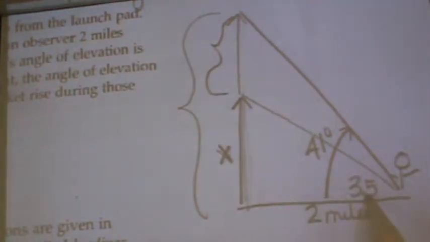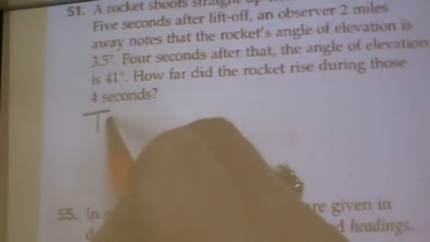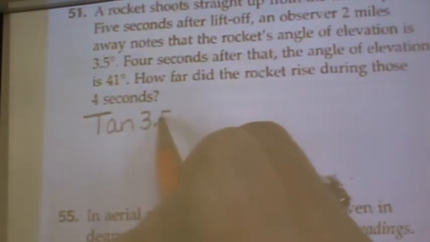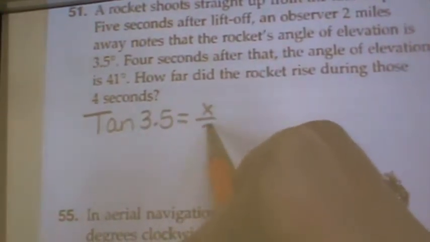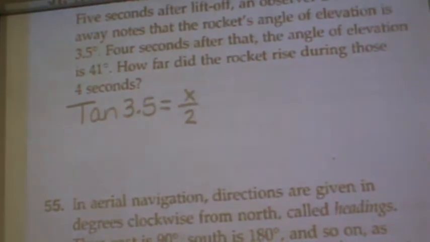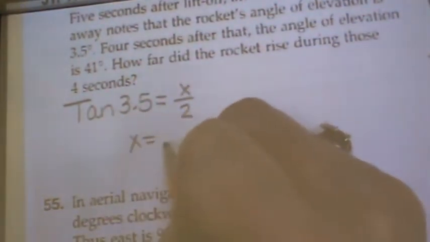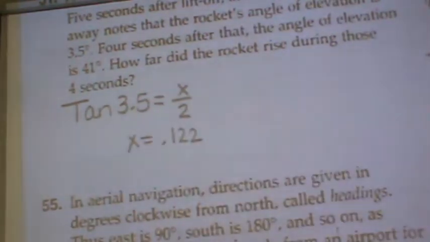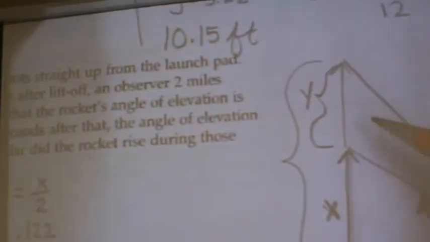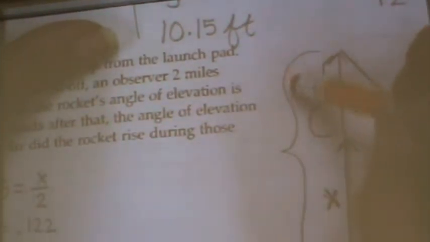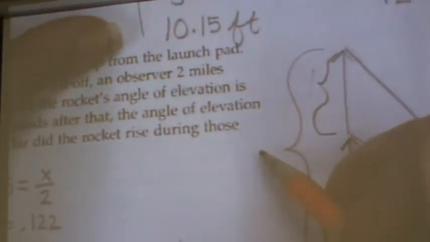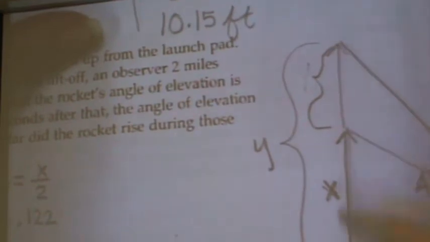We'll call this x. So you're using 3.5, it'd be tangent of 3.5 is equal to x over 2. Cross multiply, and you get 0.122. Then the big one, we'll call this whole thing y.